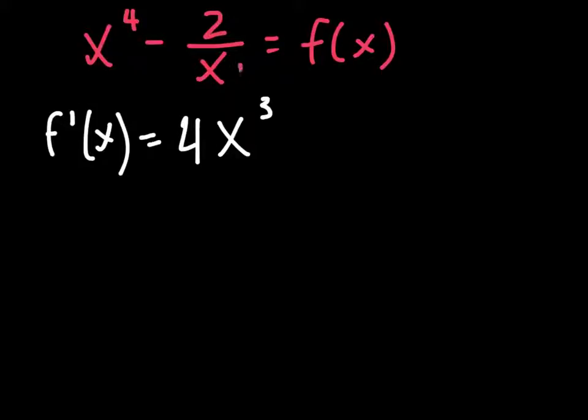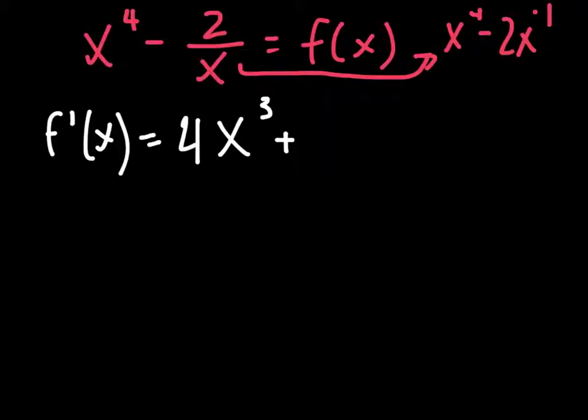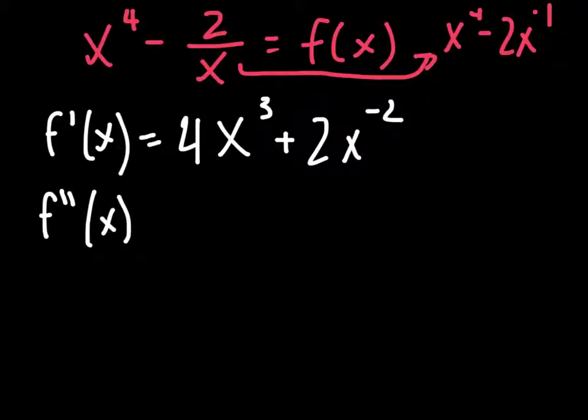Let's rewrite this first. Sorry, this is kind of messy. x to the fourth minus 2x to the negative 1. So the first order derivative equals 4x cubed plus 2x to the negative 2. That's the first order. Second derivative would be 12x squared minus 4x to the negative 3.